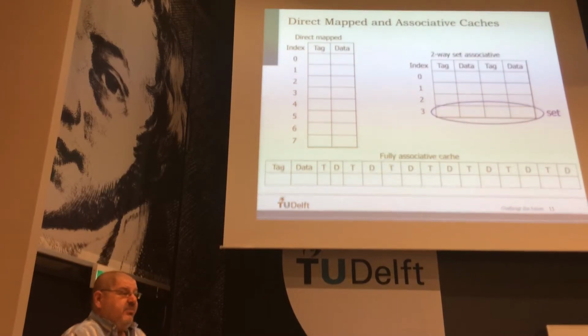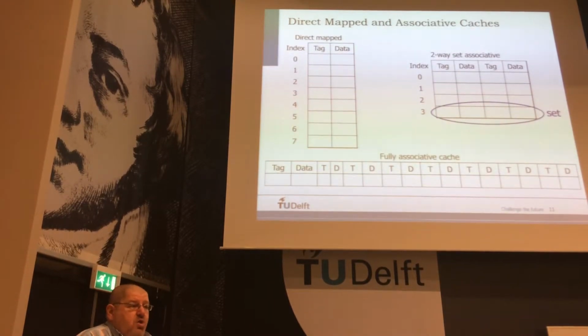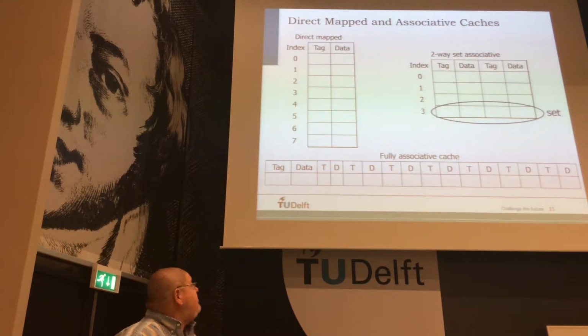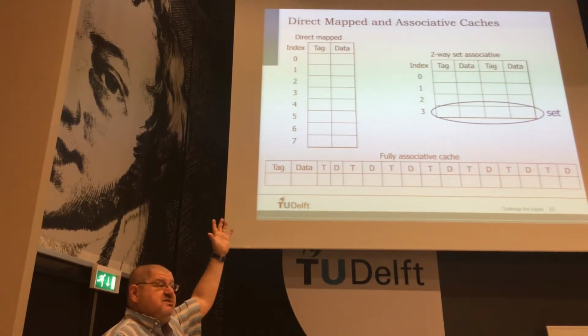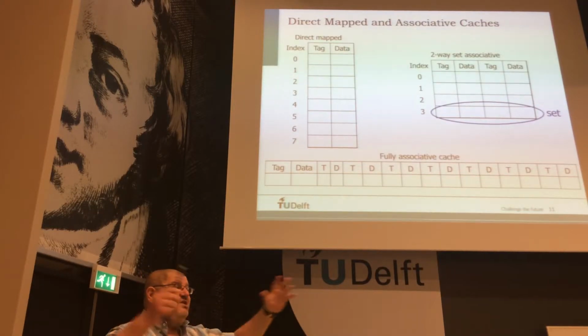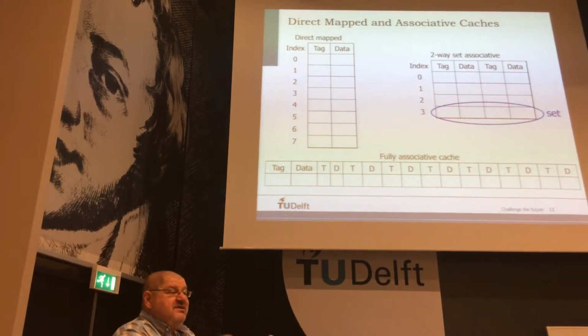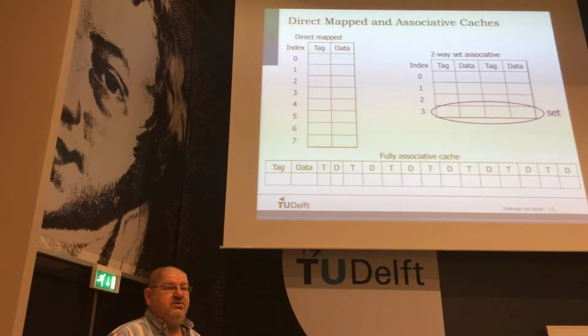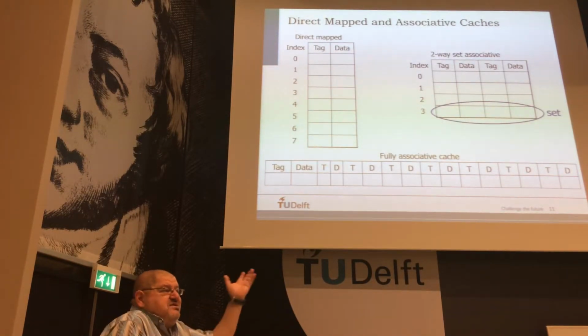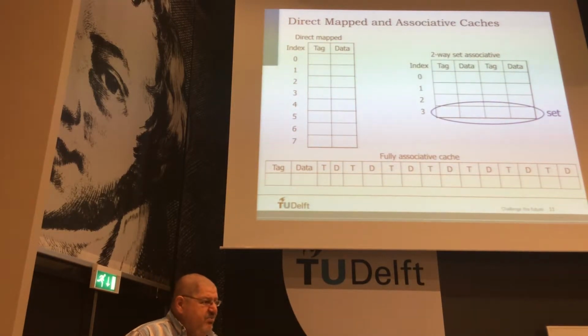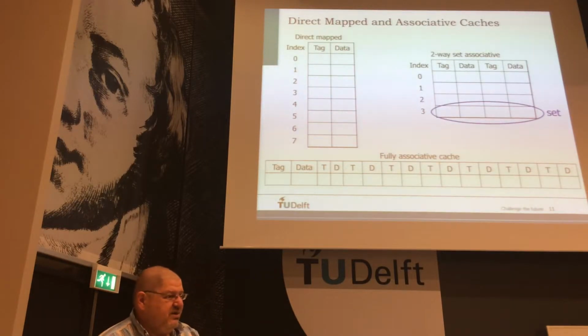And this is direct mapped. No freedom, no way. If all my addresses will actually map into set 0, the rest of the cache might be empty, and I will keep on replacing data from set 0. Then I'm just using a set, the rest is empty. Now, this is simple and fast, no flexibility.